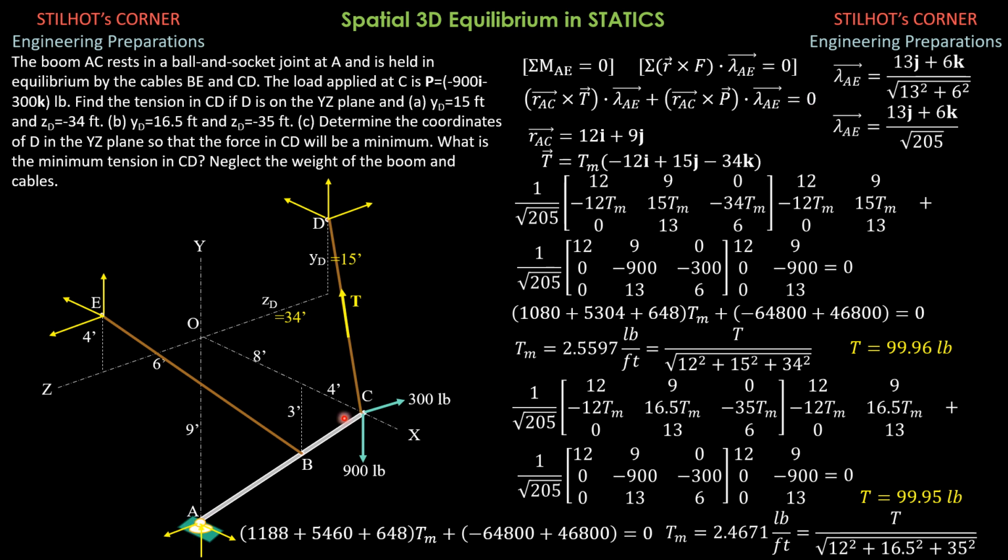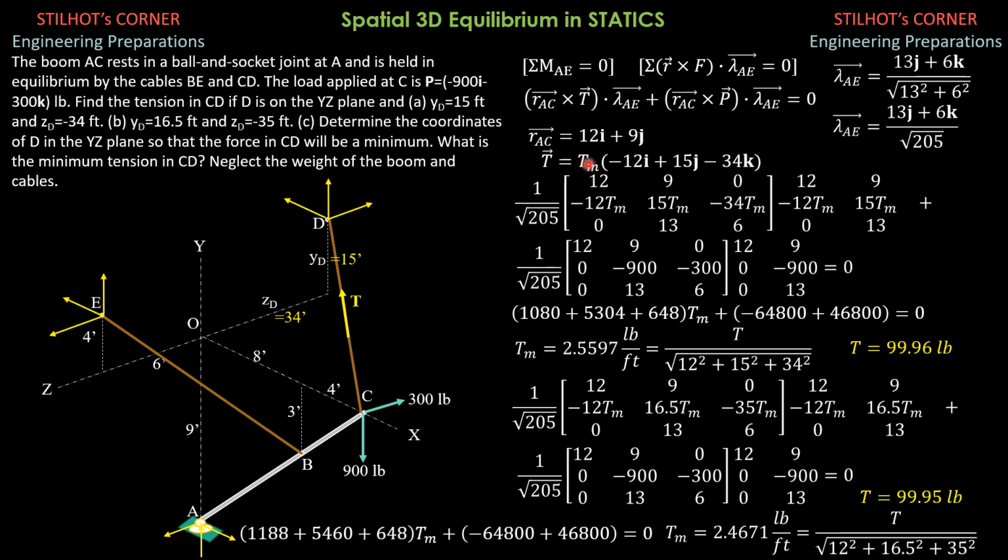Now the direction AC is up 9, to the right 12. So 12i plus 9j. So that's the direction AC. For T, for simplicity, I just use the force multiplier, because this is already the magnitude of the tension divided by distance.